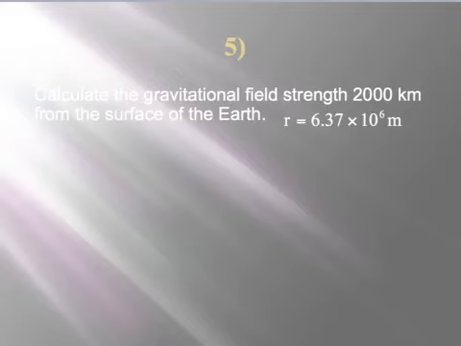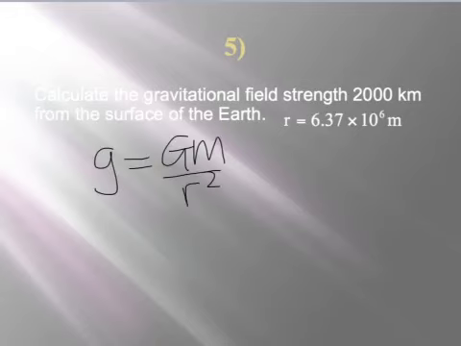Okay, question 5. Calculate the gravitational field strength 2,000 kilometers from the surface of the Earth, given the radius 6.37 million meters. So for this we just use the field strength formula, big G times big M over R squared.